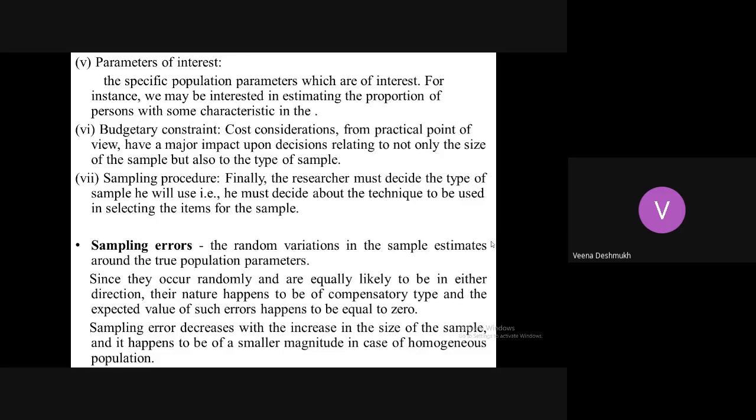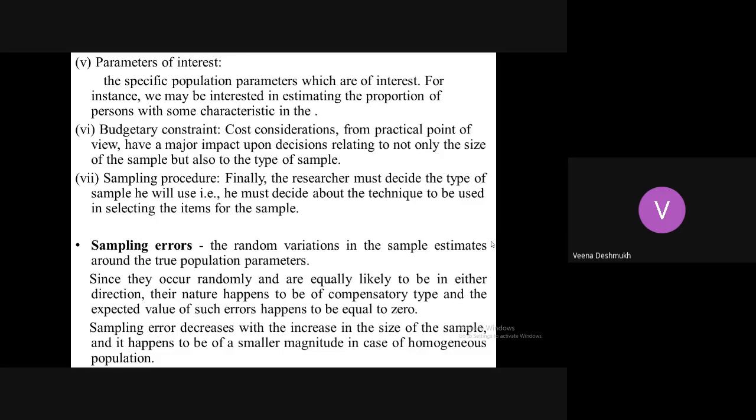From a practical point of view, they have a major impact upon decisions relating to not only the size of the sample but also the type of the sample. So budgetary constraints are going to impact on the type of sample as well as size of sample.